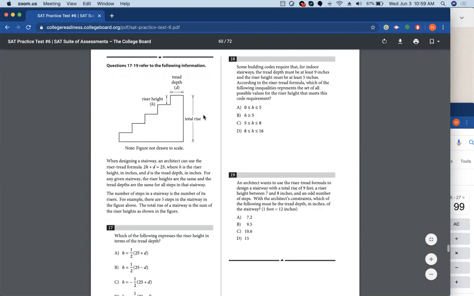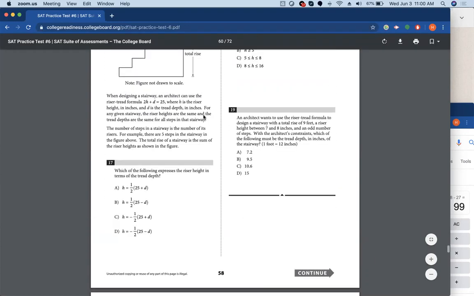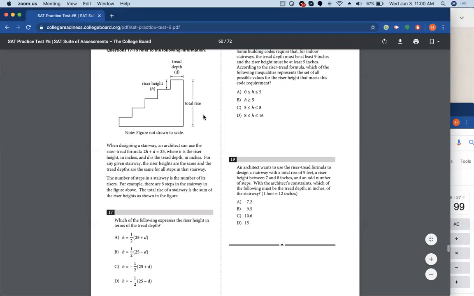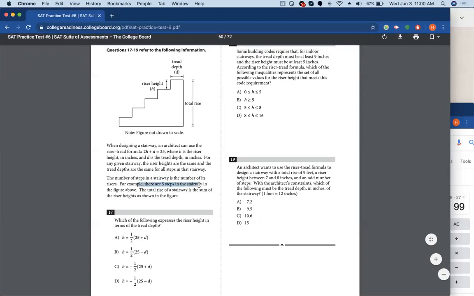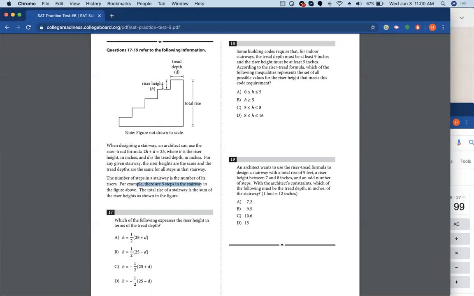Okay. Oh, God. Steps. You gotta be kidding me. When designing a stairway, an architect uses that formula. H is the riser. For example, the 5 steps. The total rise is the sum of the riser heights. Okay, wonderful. Which of the following expresses riser height in terms of tread depth? So we know D is the tread depth and H is the riser height.